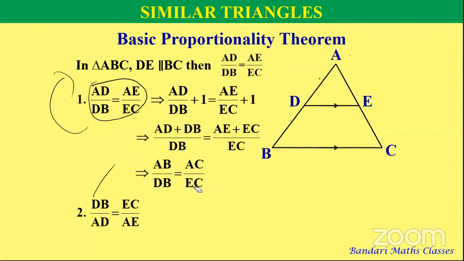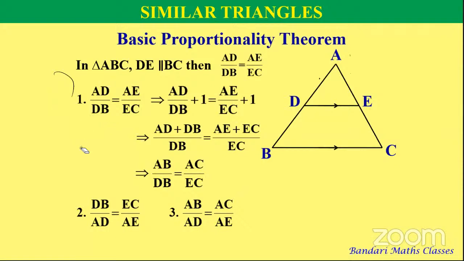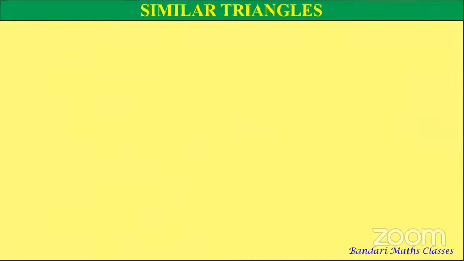Again we add 1. It becomes AB by AD is equal to AC by AE. These we will use directly in future problems. I will send all these notes tonight.